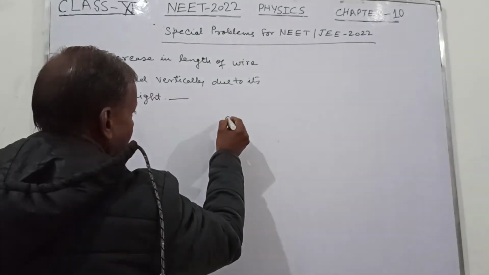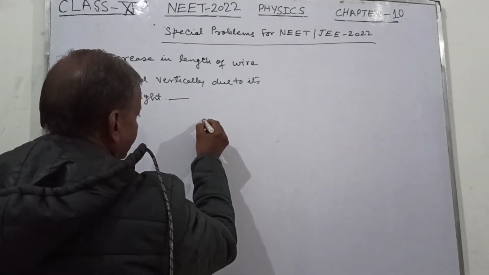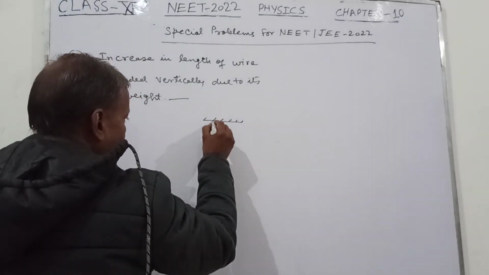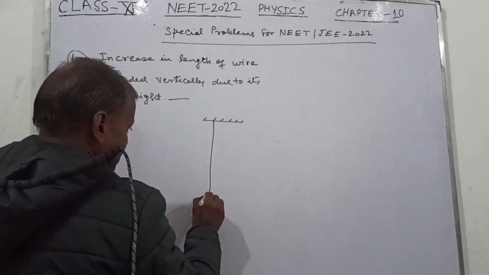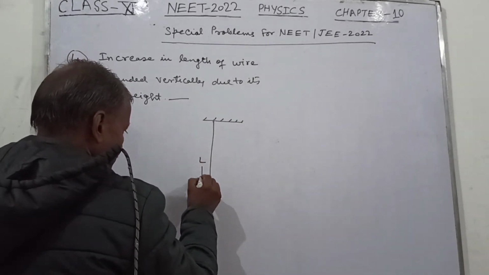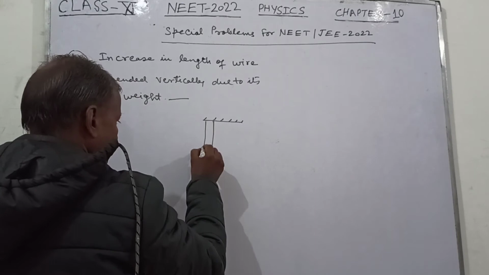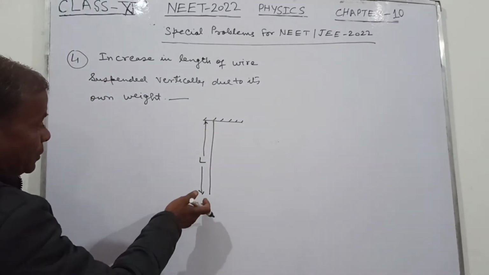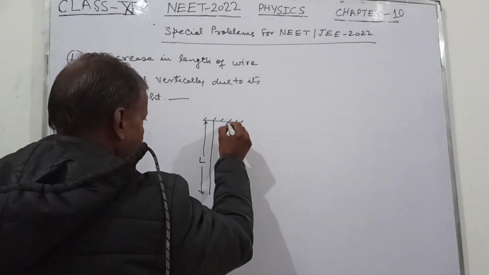Let's suppose this is a wire. Its length is L. Now this wire gets extended because of its own weight. So now this wire becomes like this.